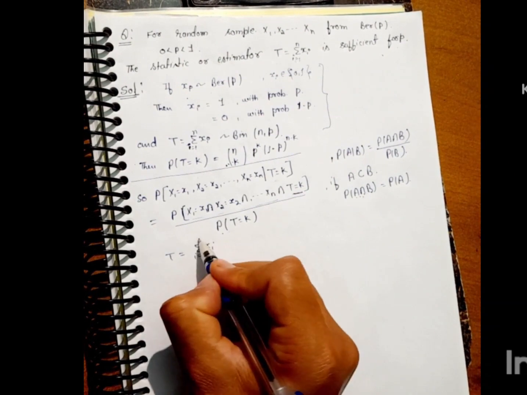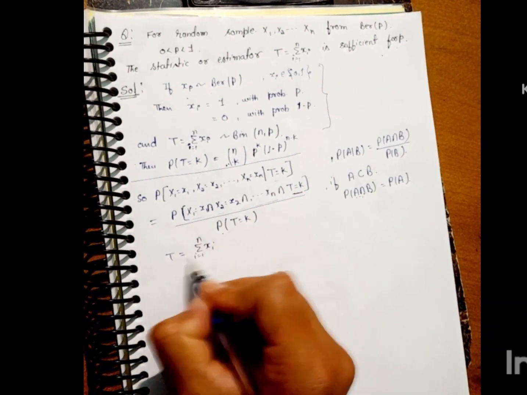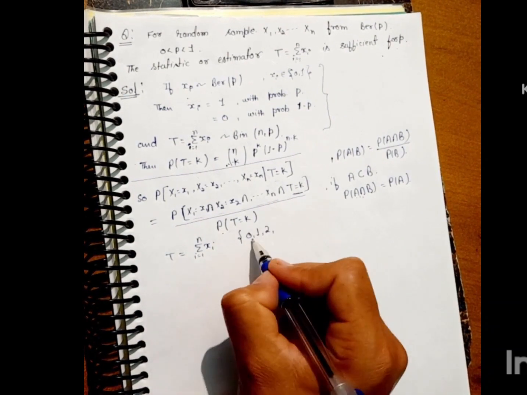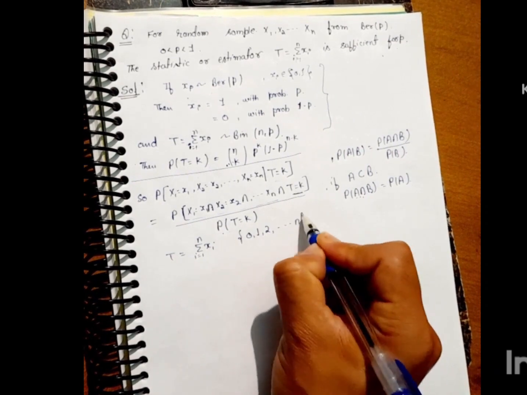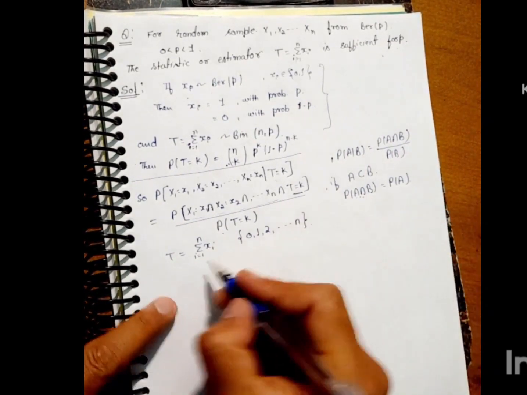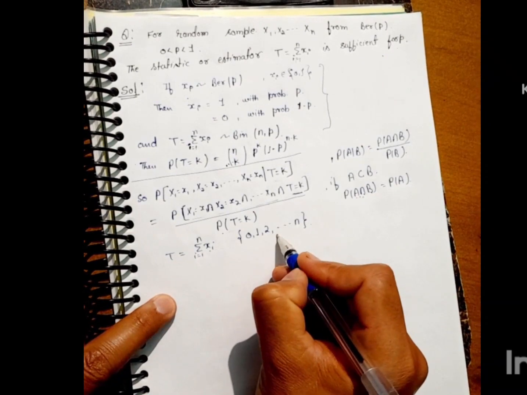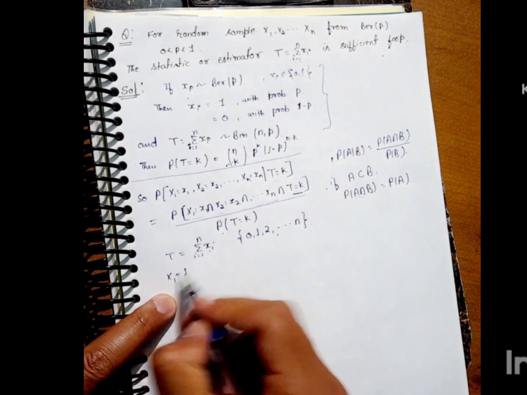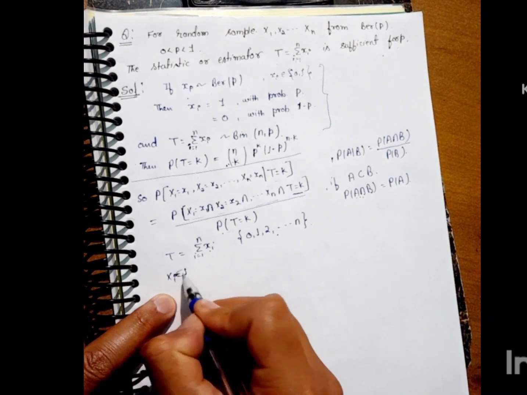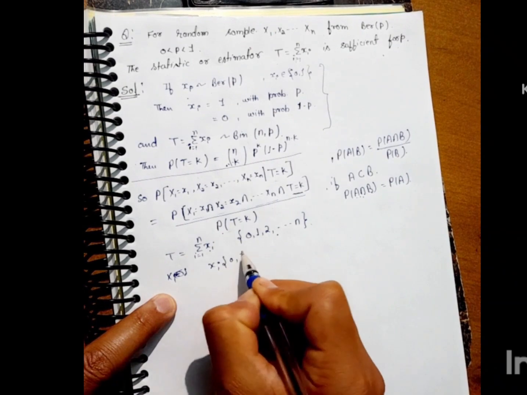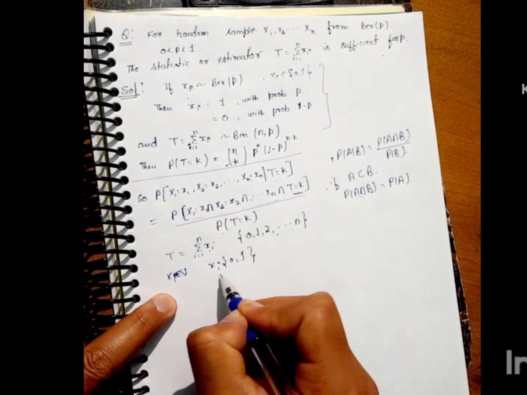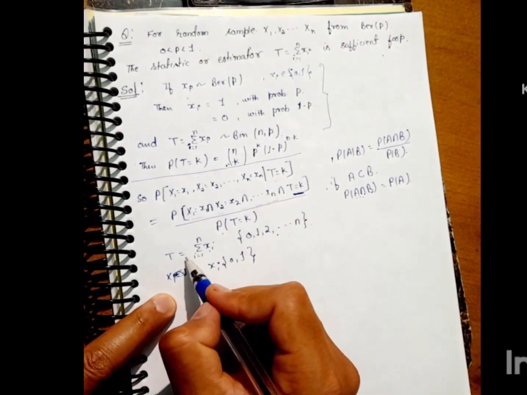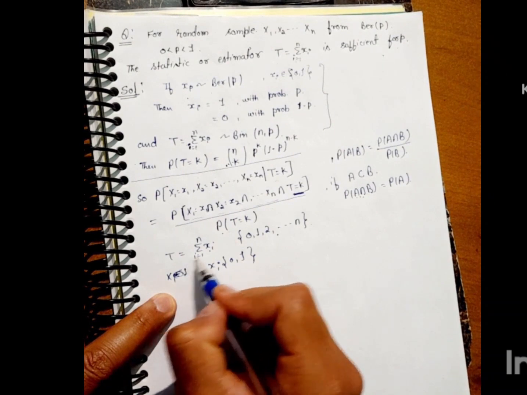Since Xi takes value 0 and 1, T takes values 0, 1, 2, up to a maximum of n, when all the Xi take value 1. Whatever the values taken by the Xi, they are always a subset of the event T.